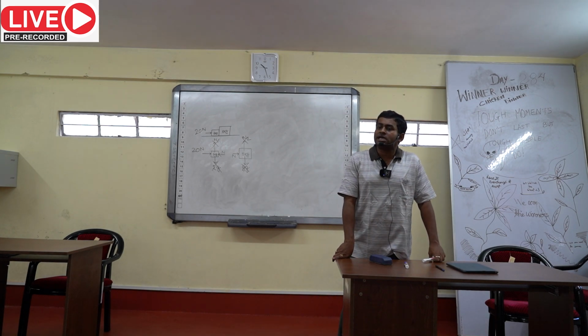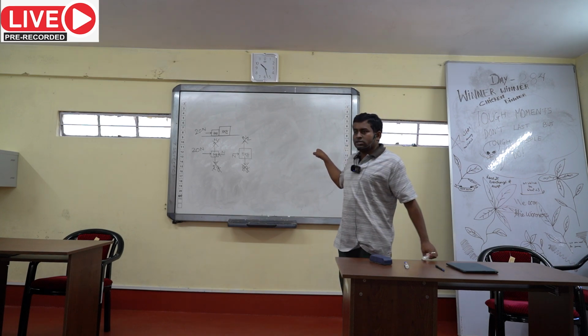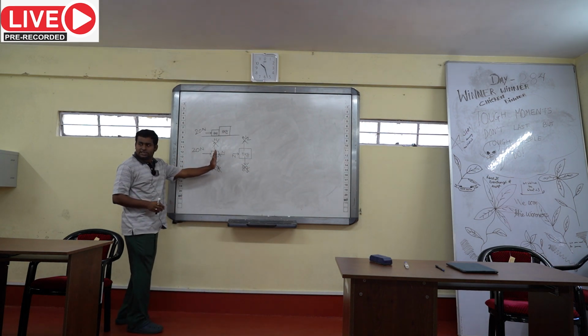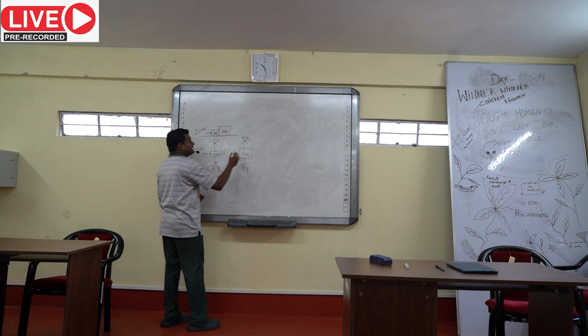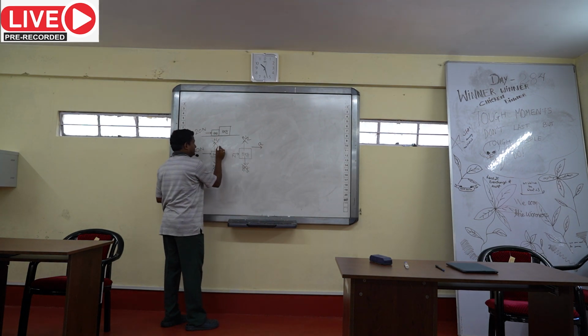Now, in which direction will both the bodies accelerate? Along this, because the applied force is given from this direction. So all the bodies will accelerate along this. This body will also accelerate along this.